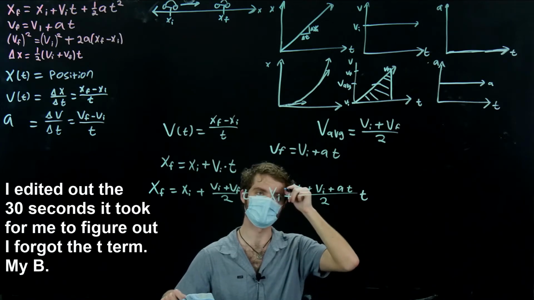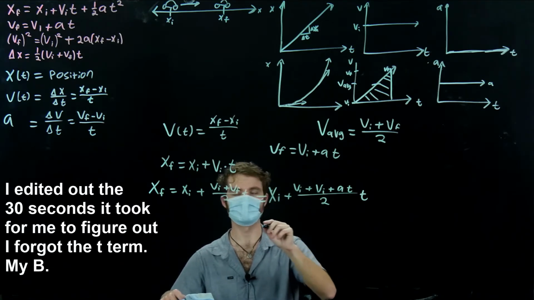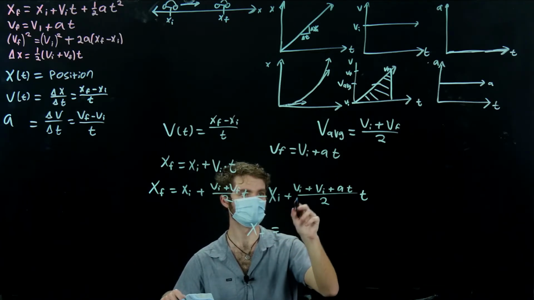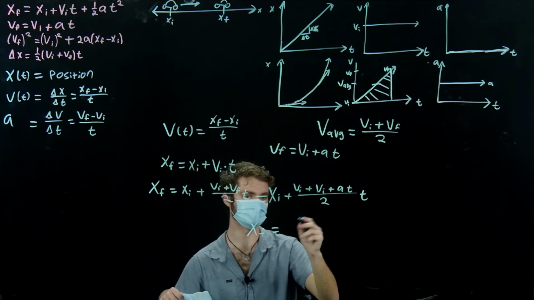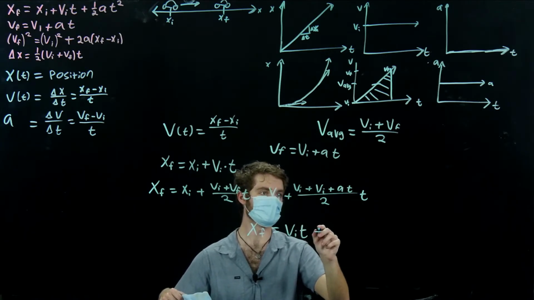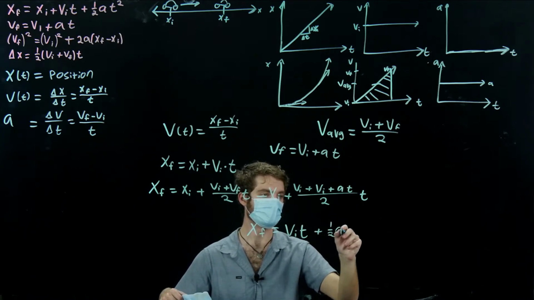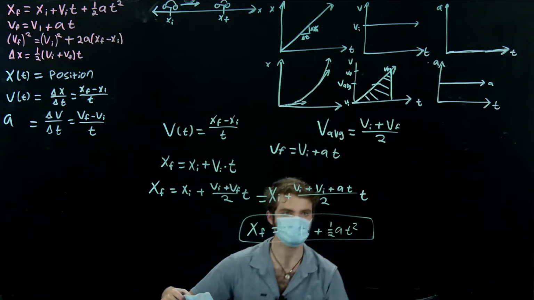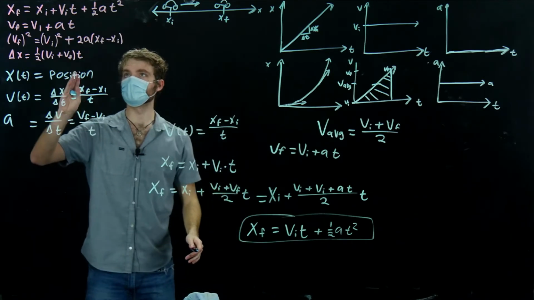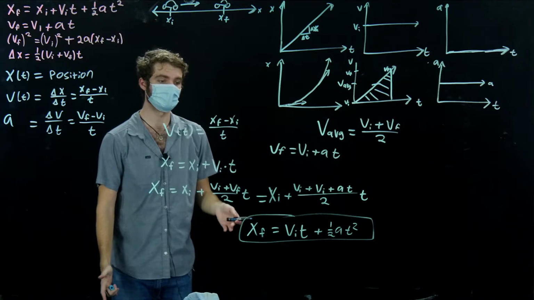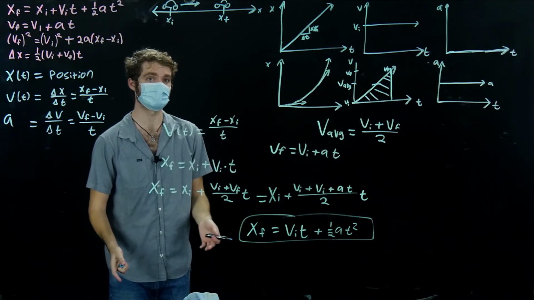Sorry, I forgot that at first. Then x final equals x initial plus 2 v initial over 2, so it's just v initial, times that t out here, plus 1/2 a t squared. Look at that. So we derived this first kinematic equation using our assumption of average velocity.